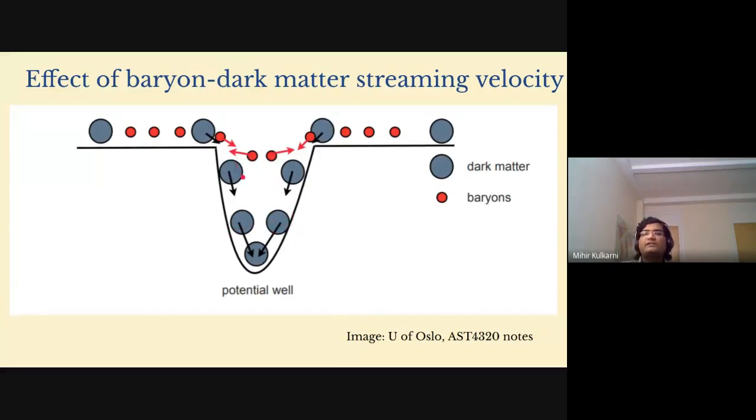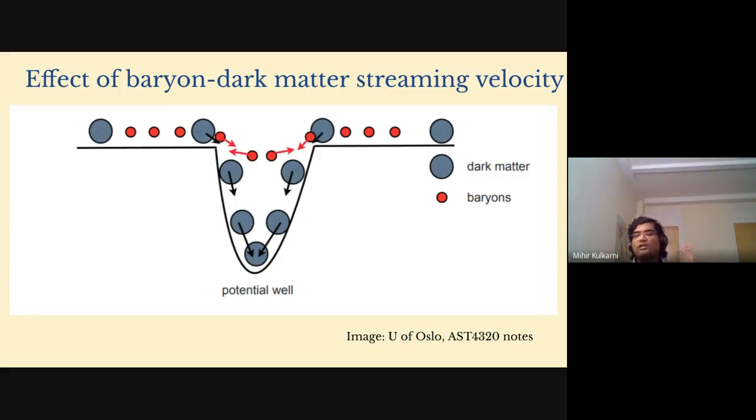So the effect of this is that in some part of the universe you may be in a region where dark matter and baryons are moving in the same direction with more or less the same velocities, whereas in some other parts of the universe, baryons and dark matter are moving with respect to one another. This is just the effect of the fact that baryons were coupled with radiation and dark matter was not. And this results in what is called a streaming velocity between baryons and dark matter.